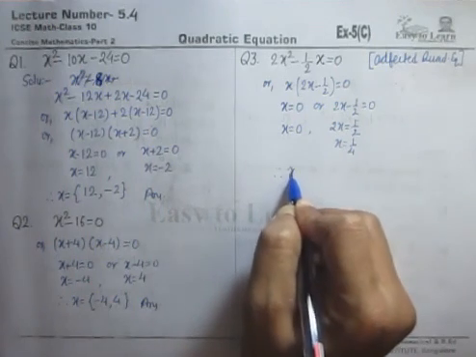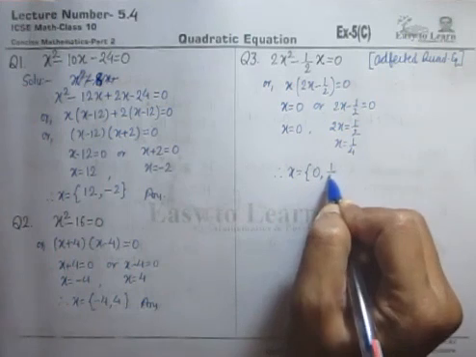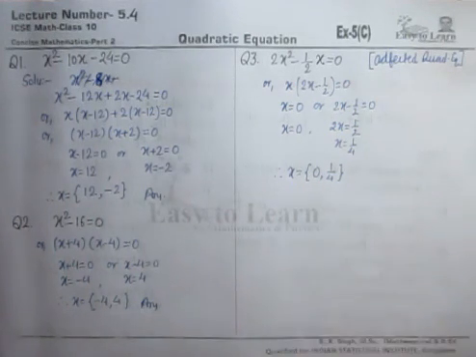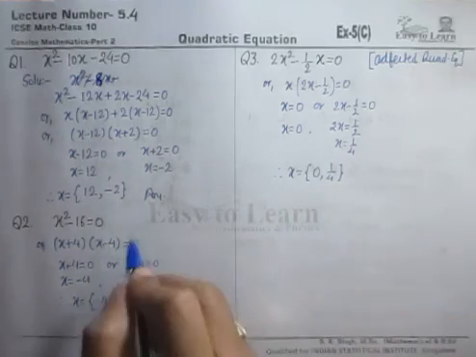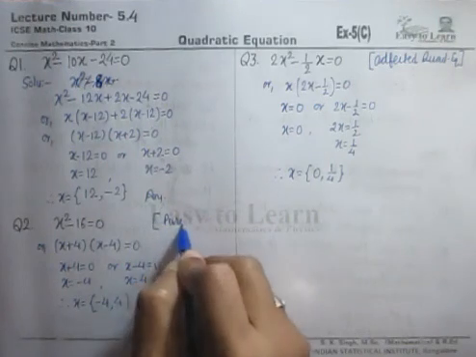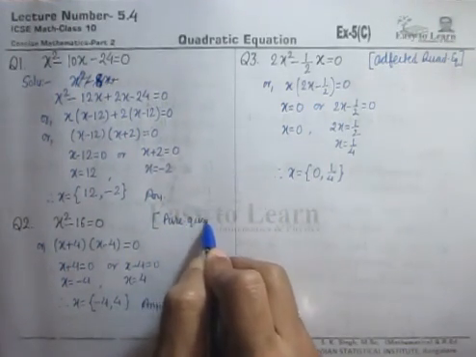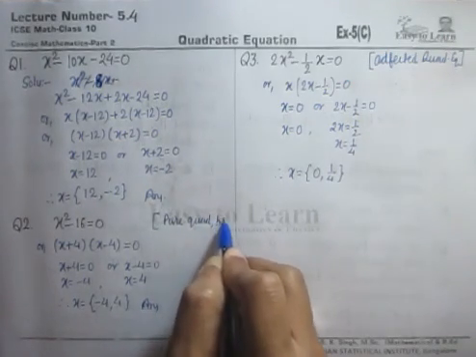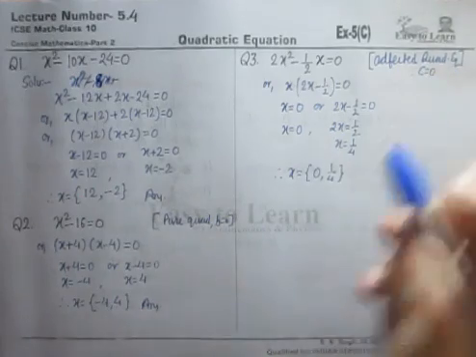Therefore x is 0 and 1 by 4. Now it is very easy to solve such a quadratic equation. This is called pure quadratic equation. Here b is 0, and here c equal to 0.